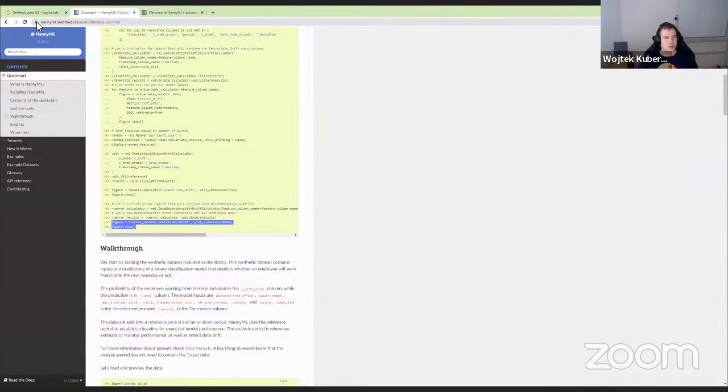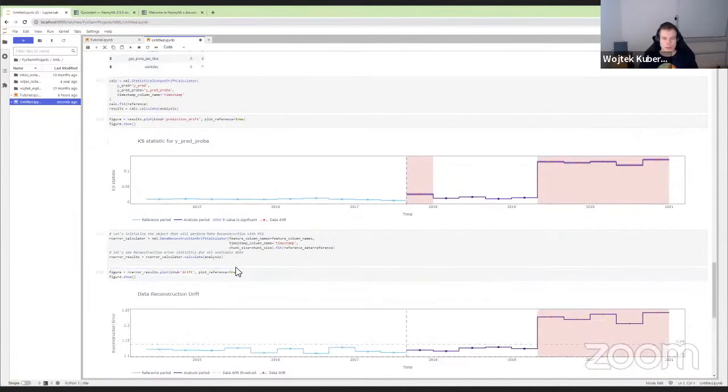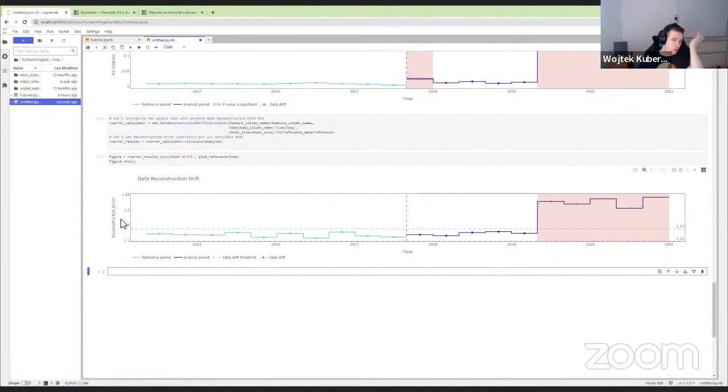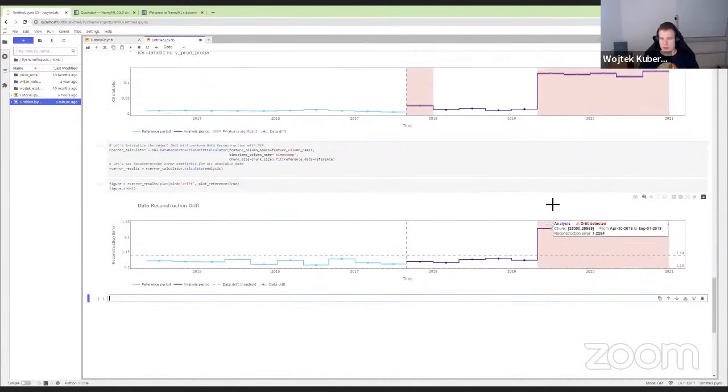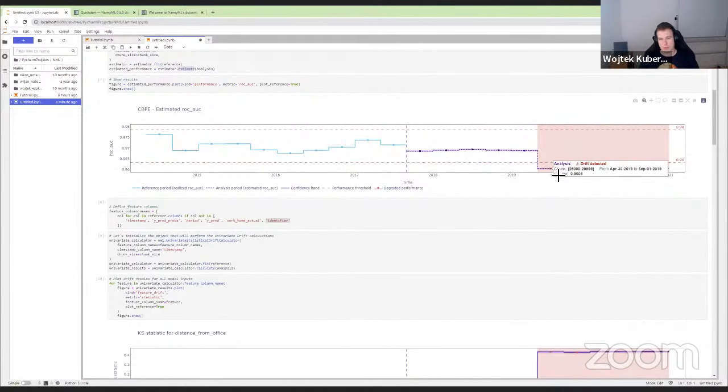And now let's quickly visualize it using the exact same interface as always. And we will look this time not at the statistic, but at the reconstruction. And here we again see that our false positives in the first and third month disappeared. So it's a much more robust measure. And we see that there is a very significant increase in reconstruction drift in relative terms, just when all the other drift happened and just when the performance dropped.